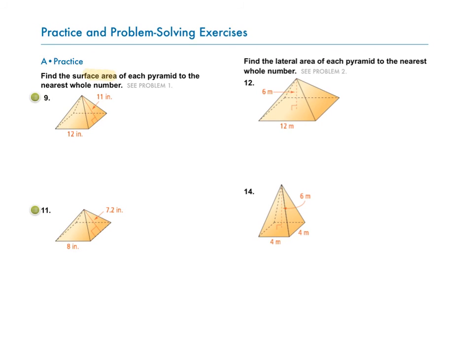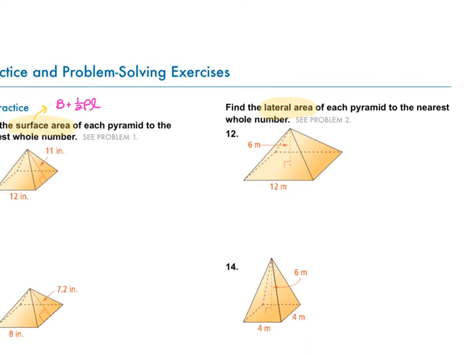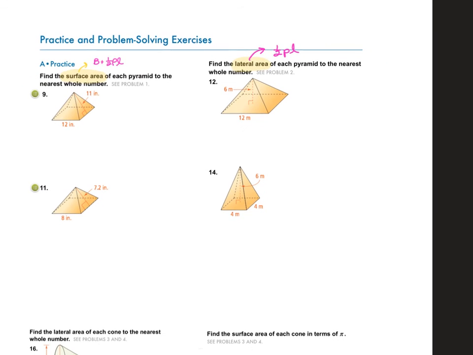Notice that the first one says surface area. The second one says lateral area. For surface area, these are perimeters, so it would be B plus 1/2 PL. And this is lateral area, so this is just 1/2 PL. Those are for the pyramids.